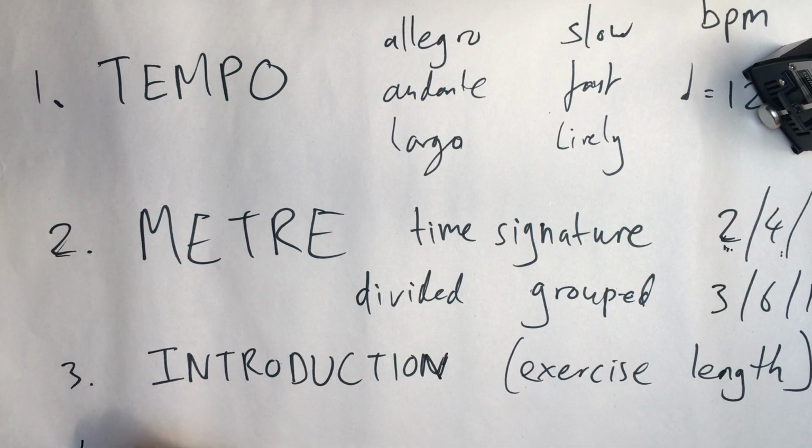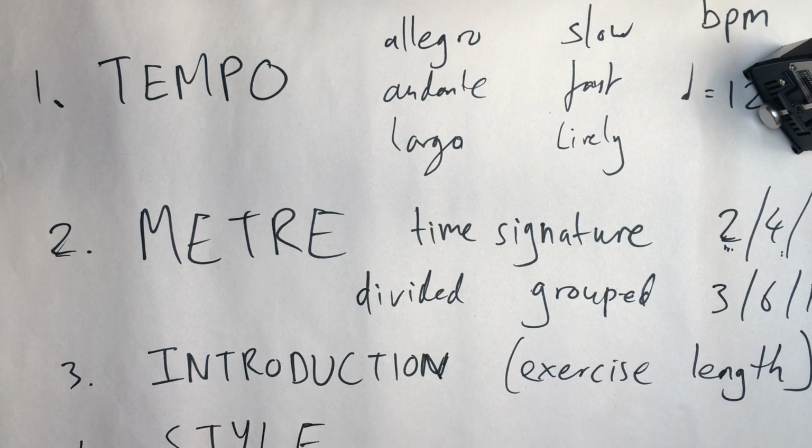And the fourth thing that might help a pianist would be the style of the music. It's a pretty vague word, but it might be a particular rhythm you'd like, a tango or a rag or a mazurka, or maybe it's just a descriptive word you're looking for. A really good descriptive word that is really helpful for pianists is strong or flowing.